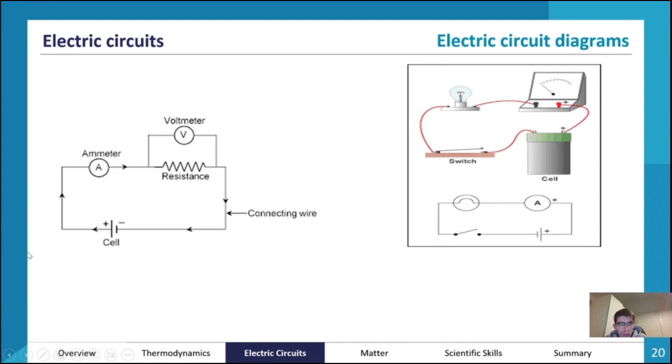This one is a very simple example of an electric circuit diagram, where you have the positive terminal and the negative terminal. We have a voltmeter here, which is connected in parallel, and voltmeters are always connected in parallel, and an ammeter, which is always connected in series.